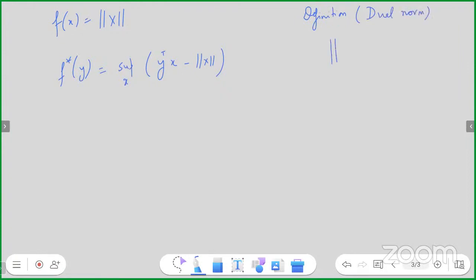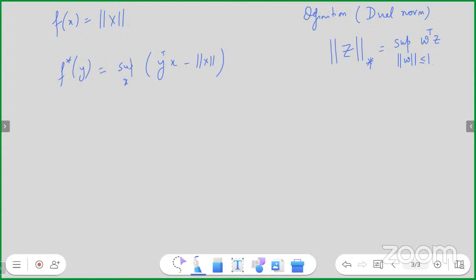So a dual norm of z, I'm going to write it as z star, is the supremum over w of w transpose z. That's the dual norm of z. What is it doing? It's taking an inner product and supremizing over all w with unit norm.